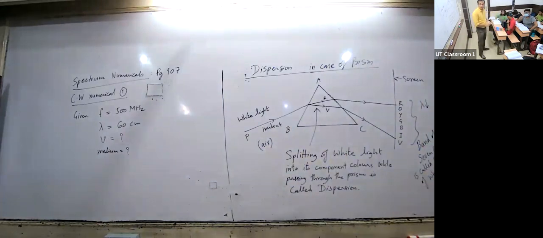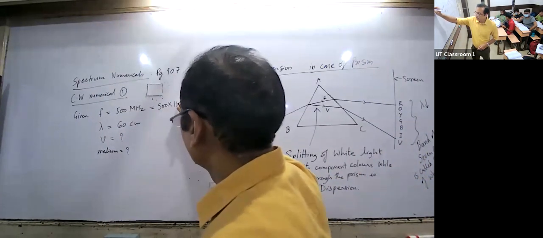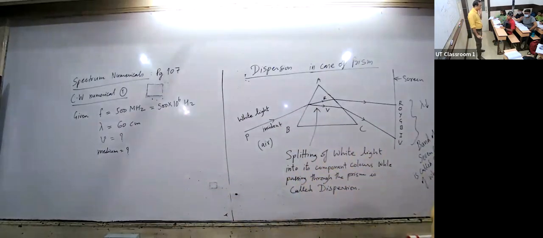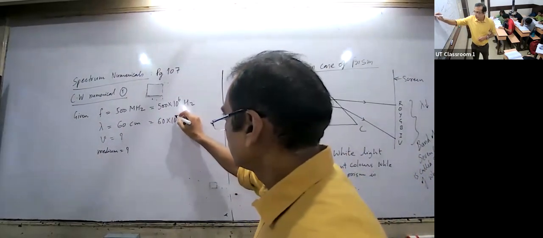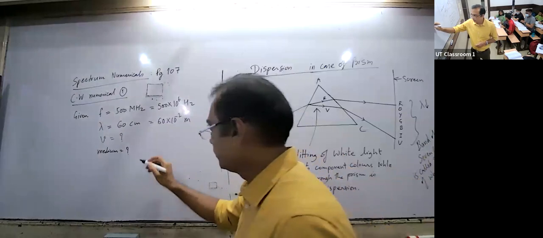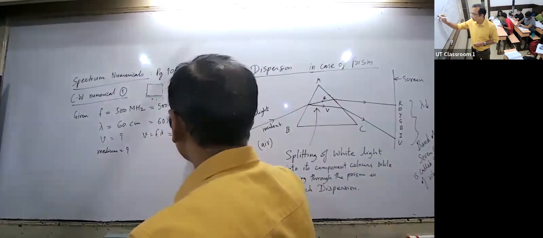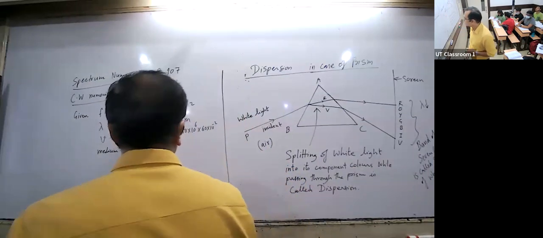There is a radiation whose frequency is 500 megahertz. So mega, you have to convert it into SI units. Mega is 1 million, 10 raised to 6. 60 centimeter in meter is 0.6 meter. So what is the velocity? V is equal to f lambda. So this is 500 into 10 raised to 6 into 60 into 10 raised to minus 2.